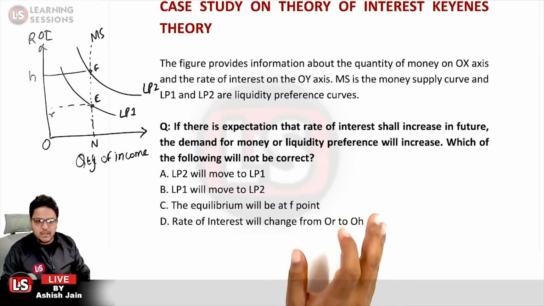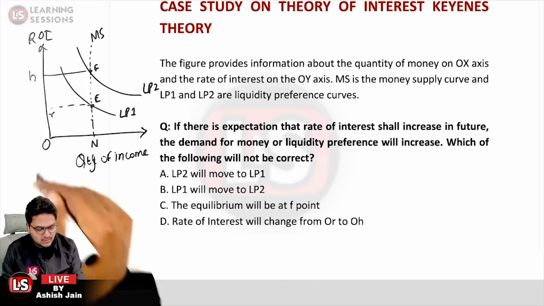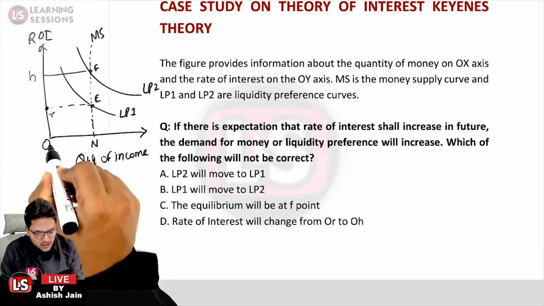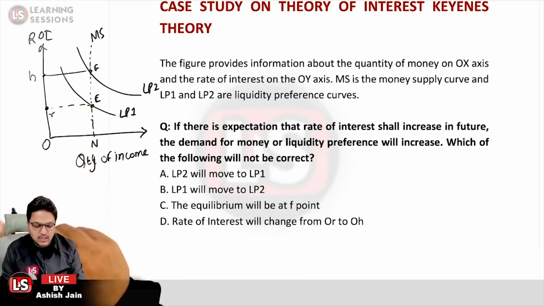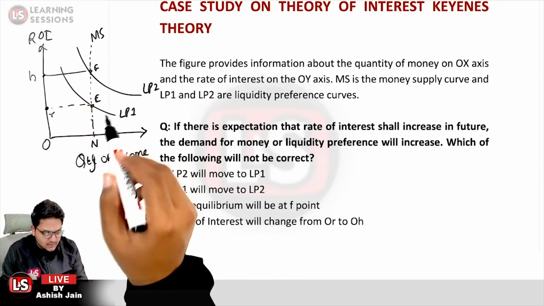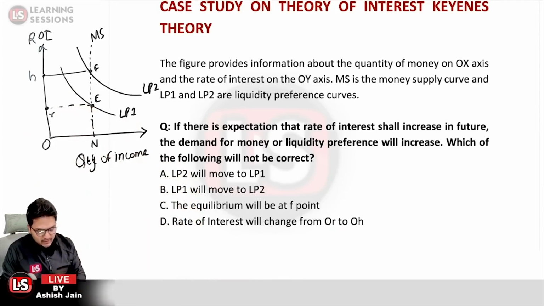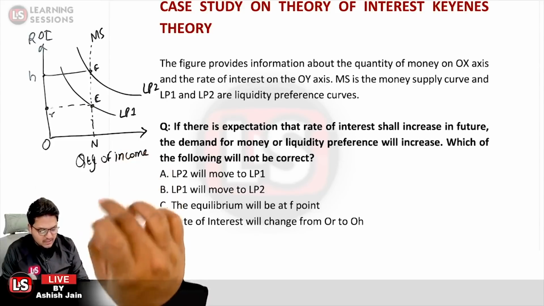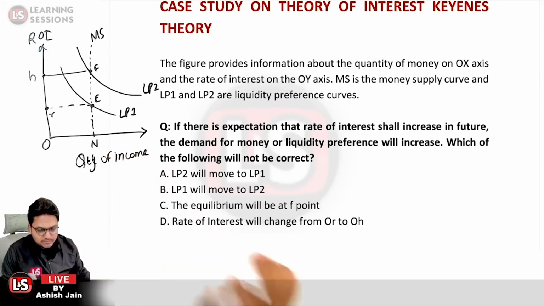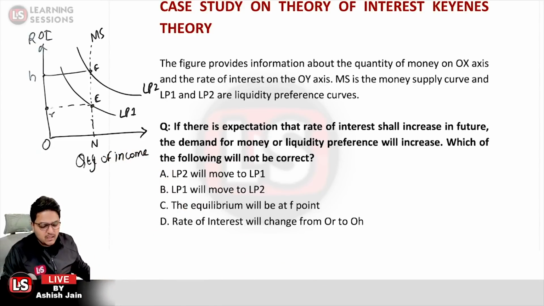So first of all, if the rate of interest is increased, previously it was OR, now it will shift to OH. Further, previously the demand was at equilibrium point E, now it will shift towards point F over here.